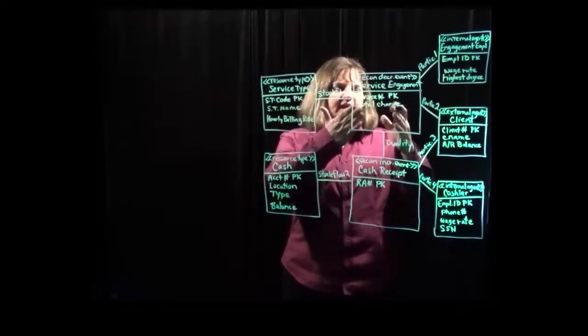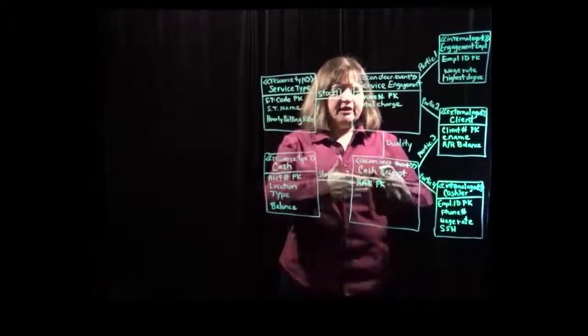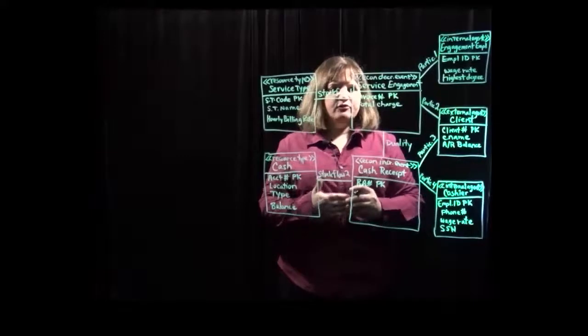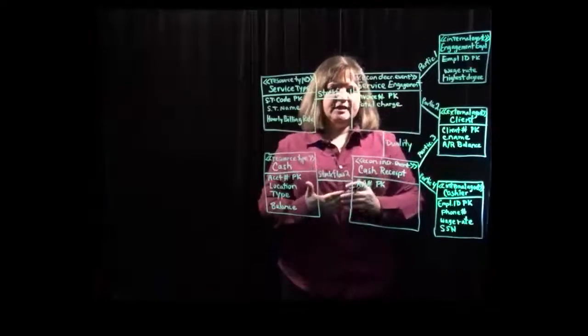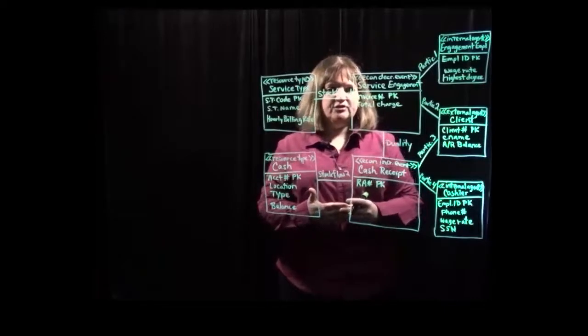So we'll start here and we'll say, must every service engagement in our system be related to a cash receipt? In other words, can we put a service engagement into our system without also putting a related cash receipt?